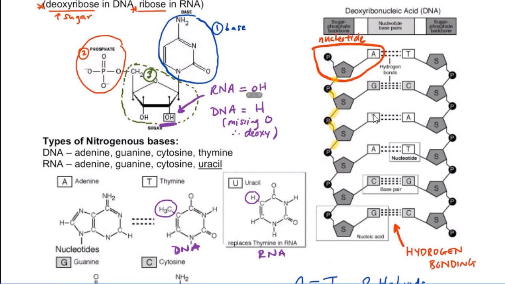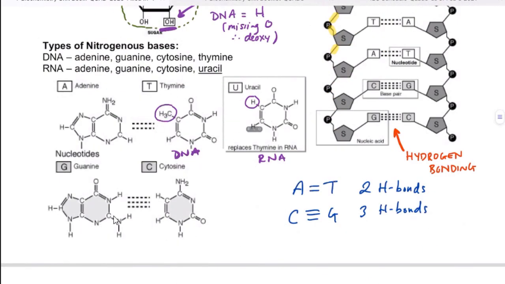Let's go back down and look at these nitrogenous bases again. So here's an example. These nitrogens, just very similar to oxygen, are not as electronegative as oxygen, but they're second best. They're pretty close. They're also a bit of an electron hog.